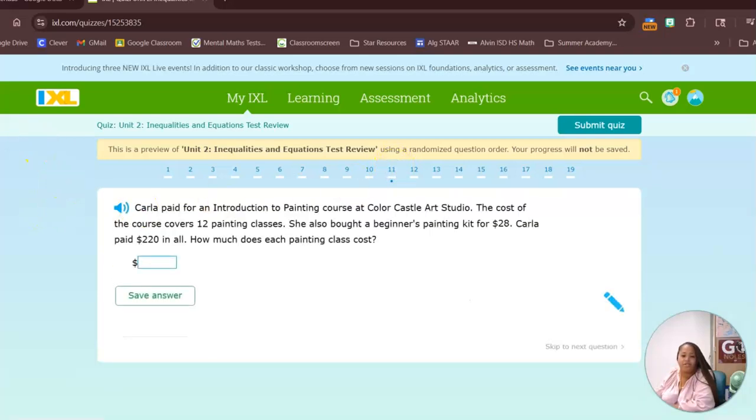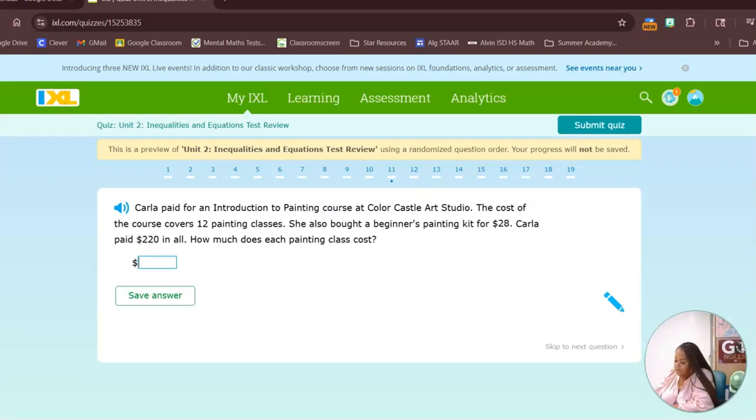Carla paid for an introduction to a painting course at Color Castle Art Studio. The cost of the course covers 12 painting classes. She also bought a beginner's painting kit for $28. Carla paid $220 in all. How much does each class cost? All right, so the kit, what question is this? 11.